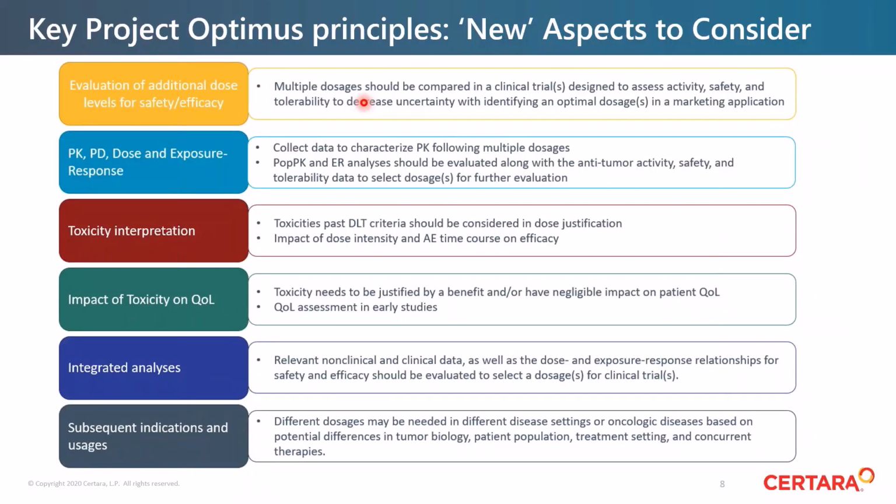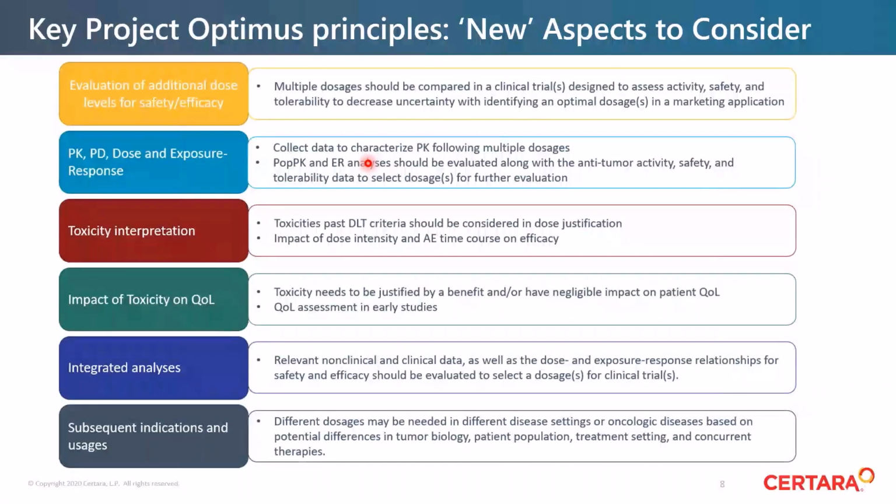The selection of these dosages should be based on sufficient preliminary understanding of the PK, PD, safety, and activity of these doses in the clinic, as well as an understanding of the translational appropriateness or relevance of these dosages. A good characterization of PK following multiple dosage regimens will be expected early in development.